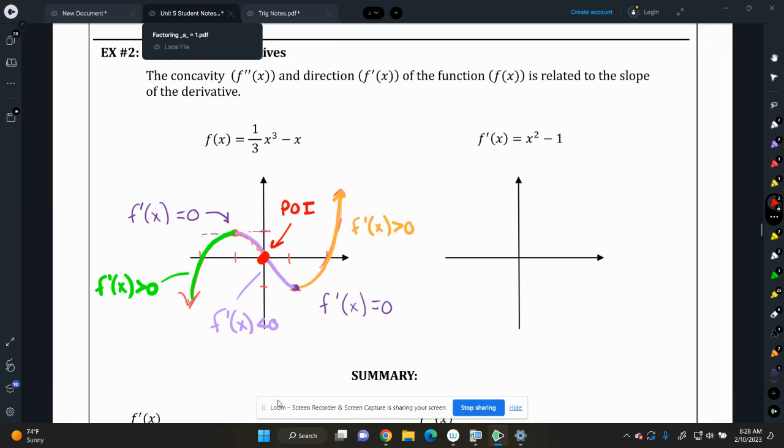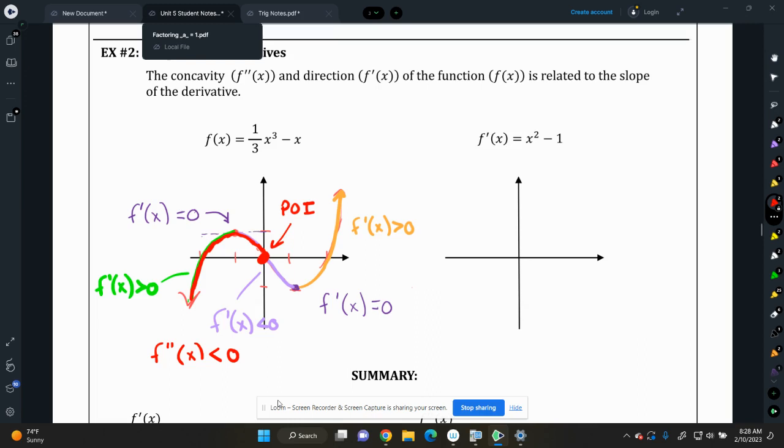So now if I look at this area from negative infinity to 0, what do we know about f double prime? F double prime is negative because it's concave down, yes. And then I also know about f of x. F of x is what?